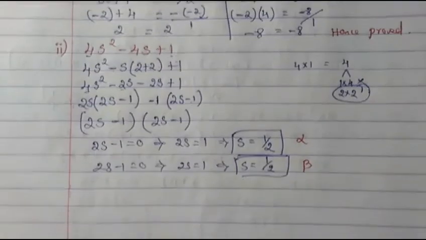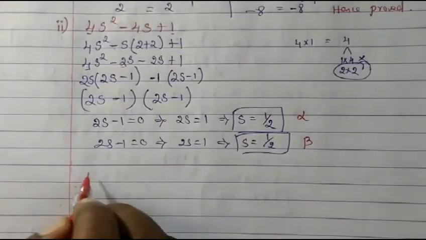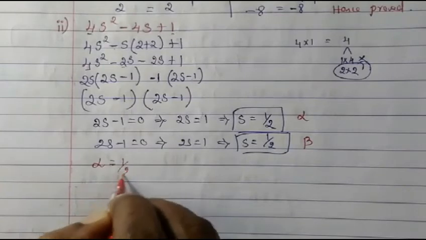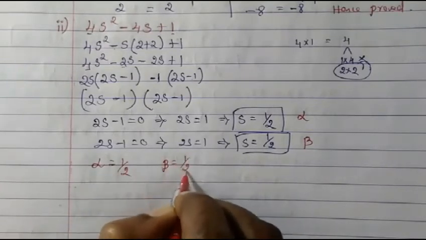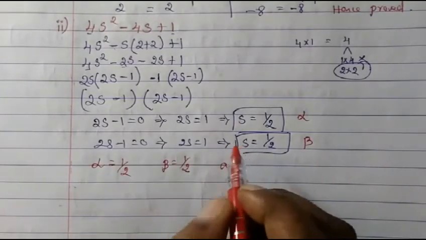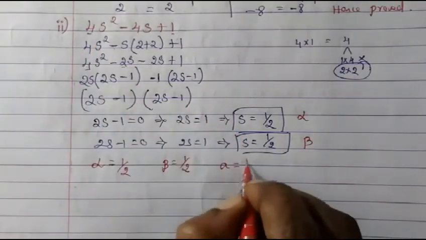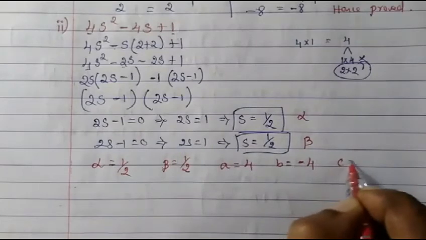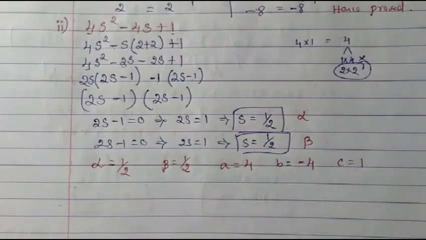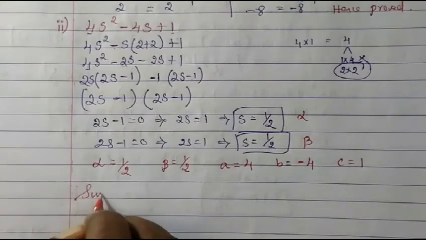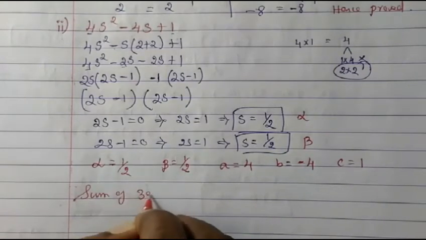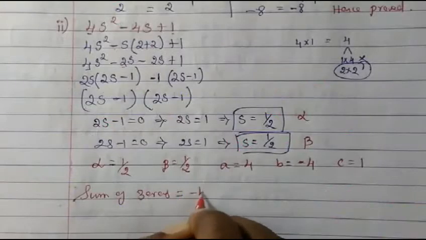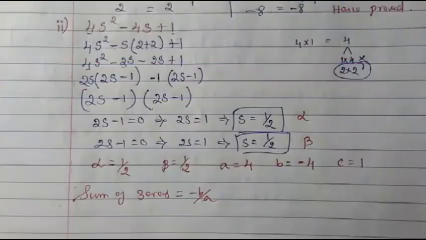So let's write down alpha equal to 1 upon 2, beta is 1 upon 2, then a is what? a is 4, b is minus 4, c is 1. So now let's write down the sum of zeros. Sum of zeros equal to minus b upon a.